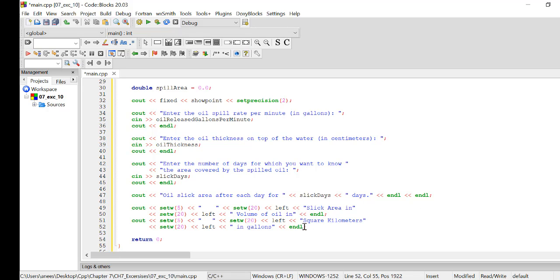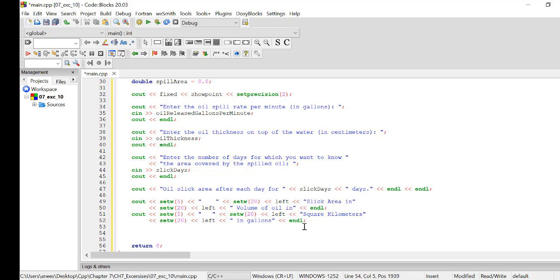Now we can get to writing our for loop. We can write in for int i is equal to 1, semicolon. Actually, hold on. I think I made a mistake here. We're just gonna do that.